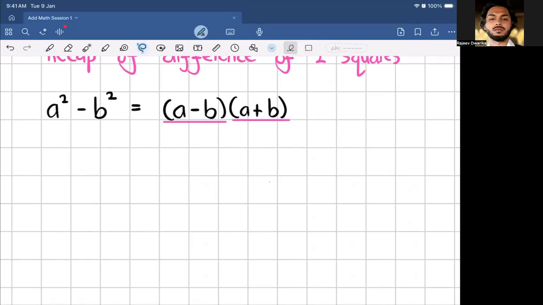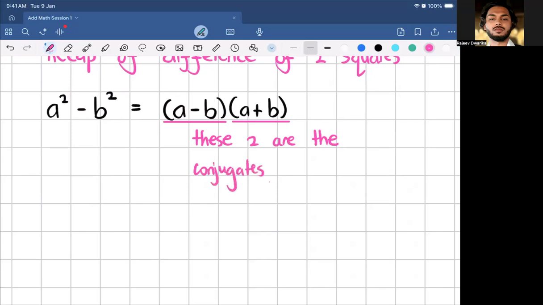Can you see that? You see A and B, but where's the only difference? The signs. Right. So these two are the conjugates of each other.